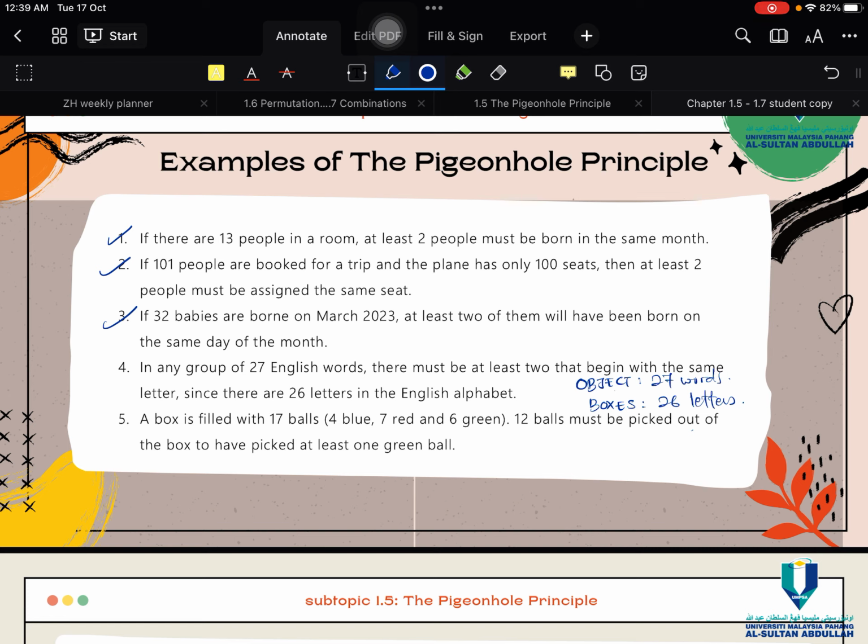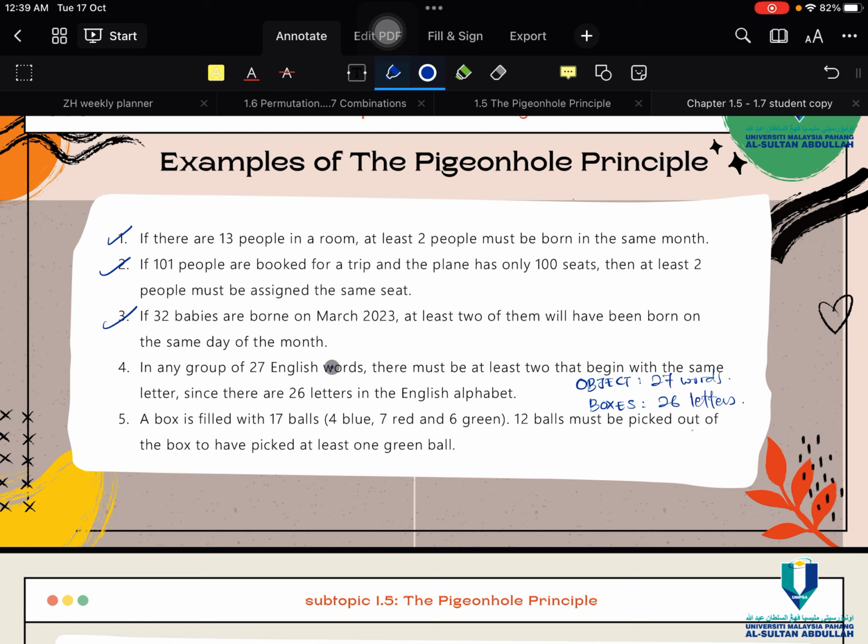Okay, so maksudnya ada 27 English words, yang mana setiap perkataan tu bermula dengan huruf yang berbeza-beza. Apple, B apa, ball, cat, fries, G, giraffe, H, helicopter. Contohnya lah. So you ada semualah, daripada A sampai Z ada perkataan-perkataannya.